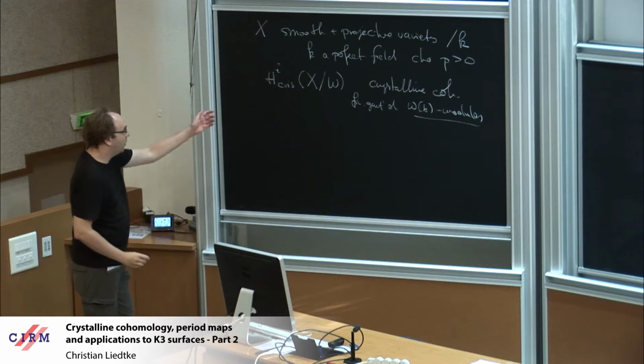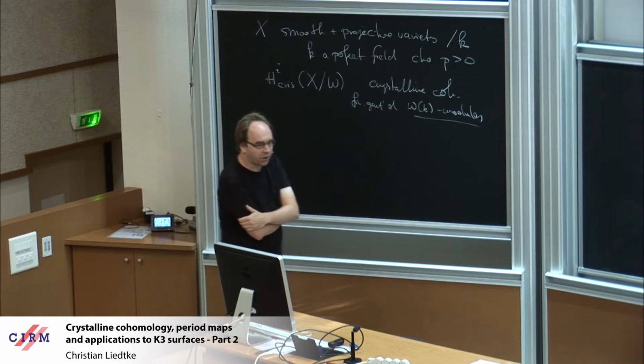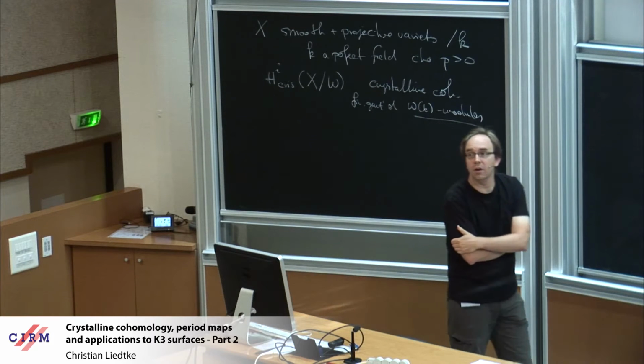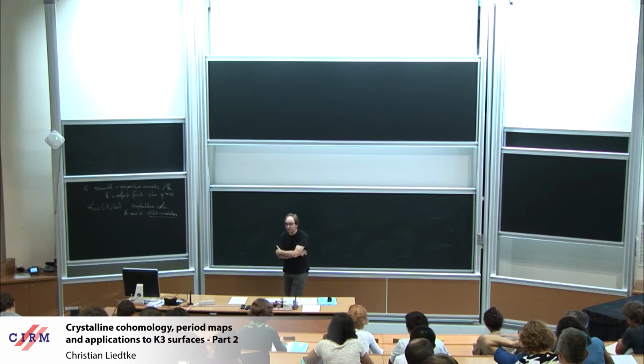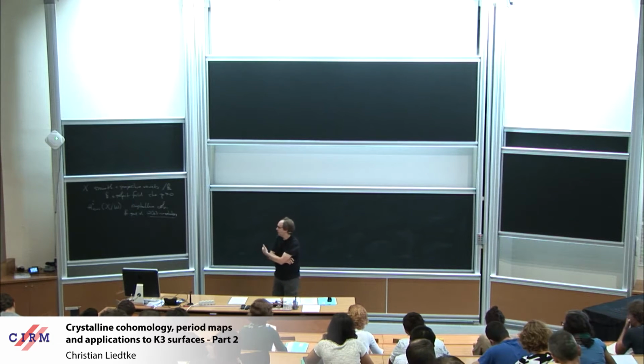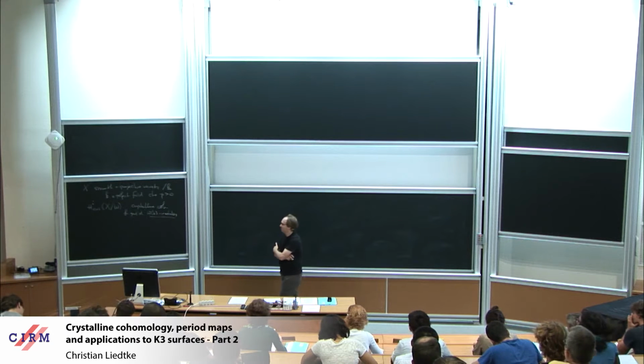And somehow the way to think about it is that if the variety X admits a flat lifting over the Witt ring, then crystalline cohomology is simply the de Rham cohomology, the algebraic de Rham cohomology of the lift. And somehow the main technical issue is to show that if lifts exist, that this is well defined, and in case lifts don't exist, to define it nevertheless.